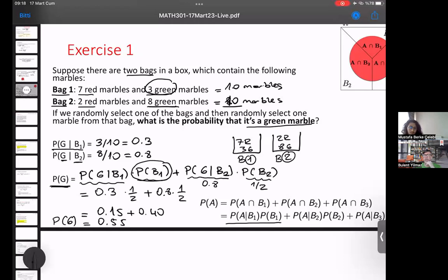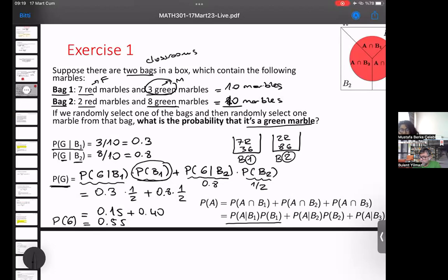Any questions here? It's an easy question about the law of total probability. So if I have one probability here, another probability in one category, bag, or one class, I can change the question. Like there are 2 classrooms, and in one classroom there are let's say 7 female and 3 male students.